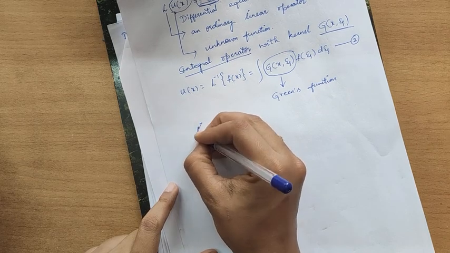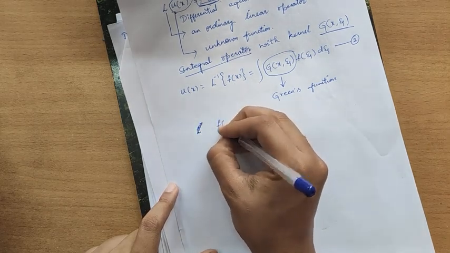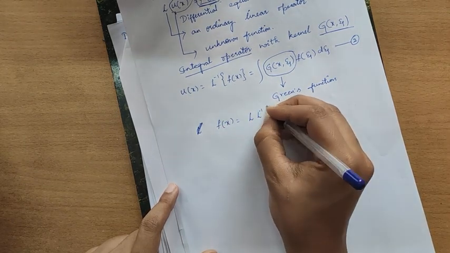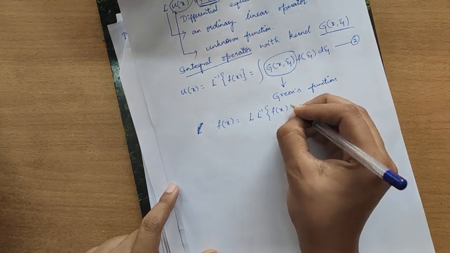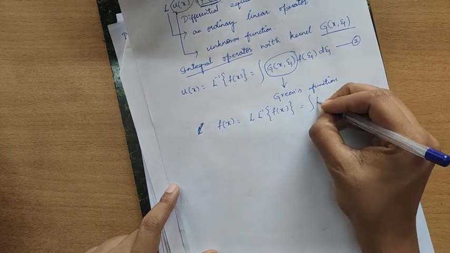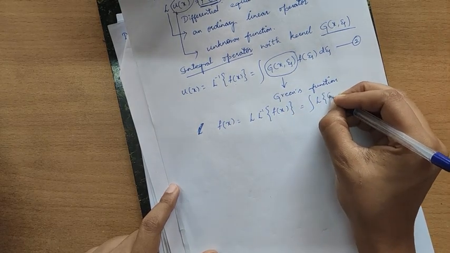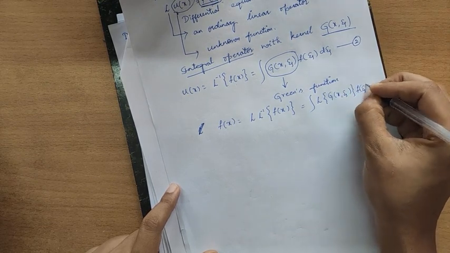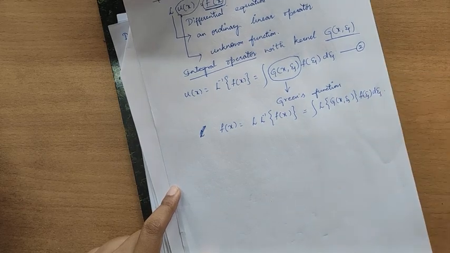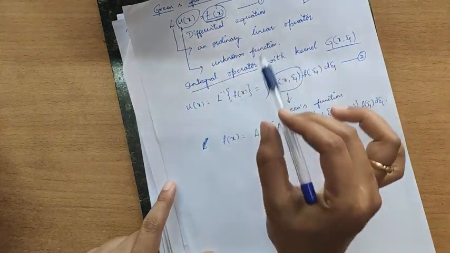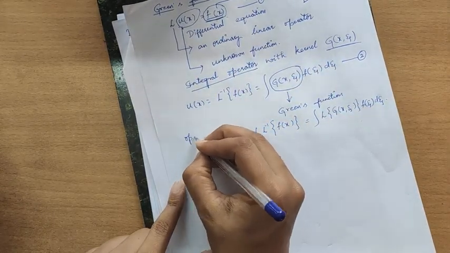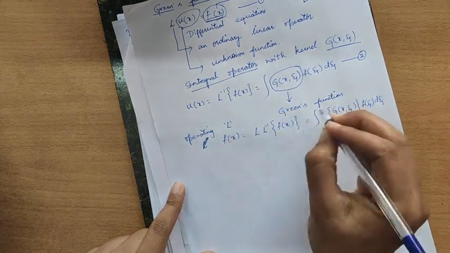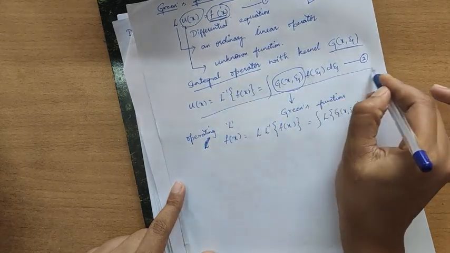L f of x is equal to L into L inverse of f of x is equal to integral L into g of x comma z into f of z dz. This means we are operating L on both sides of your equation number 2.